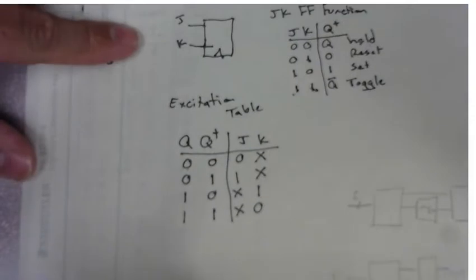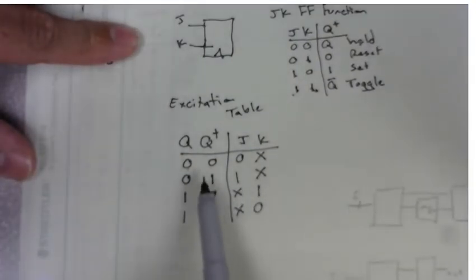But it doesn't tell us enough information because we don't know what inputs we want to put to our J and our K flip-flops if we're going to use JK flip-flops. So what we want to do is we want to use our excitation table. We did our excitation table a few videos back.